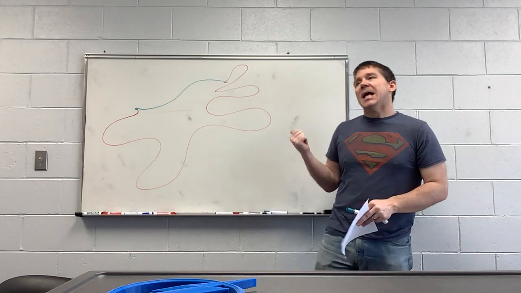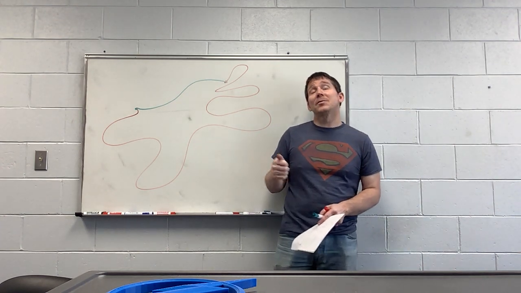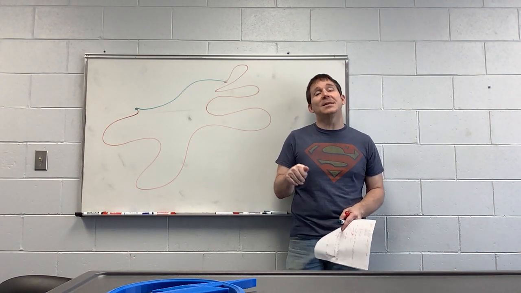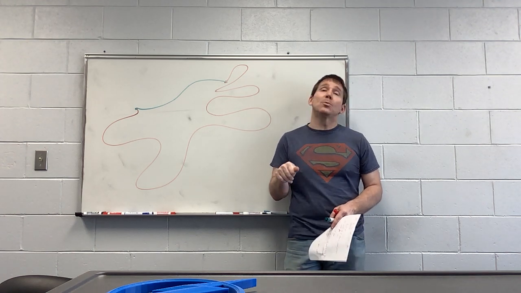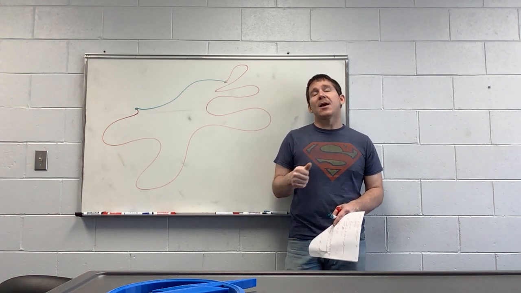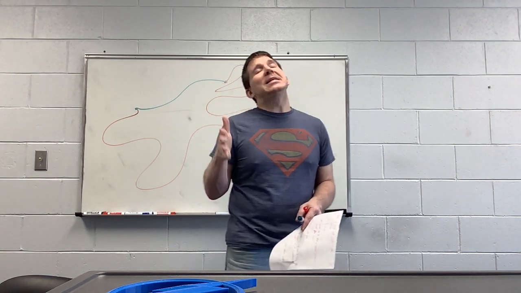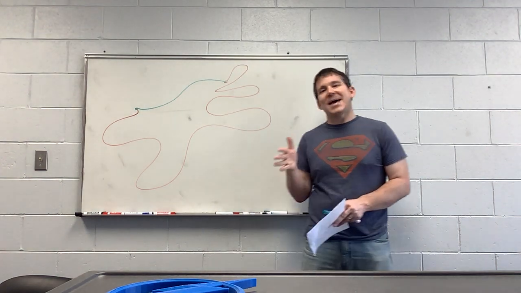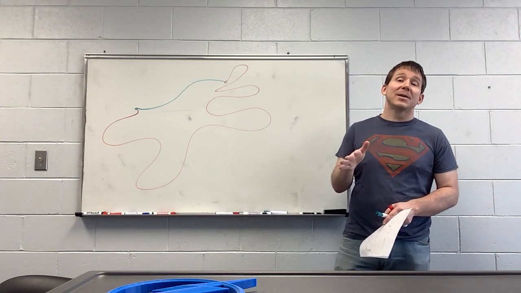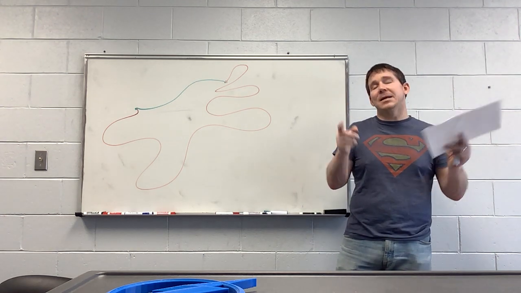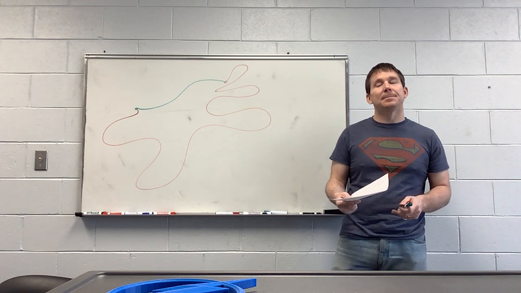It means the value of the line integral of a conservative vector field is independent of path. It does not matter which path I choose, they all give the same value, which means I don't even need to know what that path is. I just need to know the vector field is conservative. Starting point, ending point, done, easy.